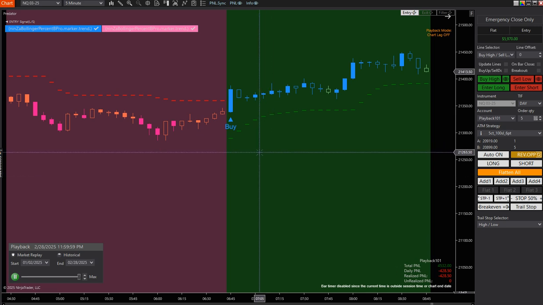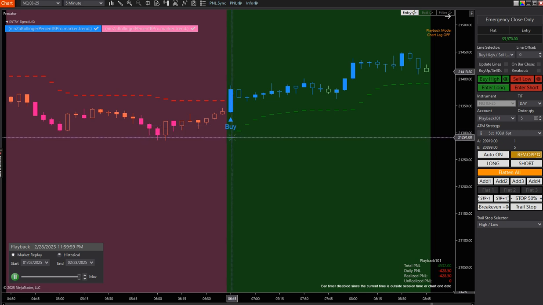Also, I have a filter, the SuperTrend, which I mentioned earlier. The SuperTrend acts as a filter. So whenever I get a buy signal, right? In this case, there's a buy signal. If you were entering this manually, you'd probably go into this trade right here. But because I have this automated, the SuperTrend comes as a filter.